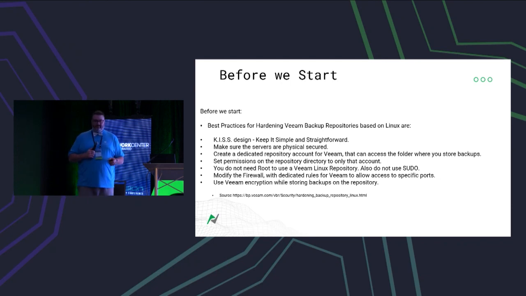You could do a VM, have iXsystems be NFS in the back end of the VMware host, and then you have a local disk. There's lots of things you can do here, but if you're not familiar with LVM, probably don't go down that road. Just do a regular partition, give it a mount point like Veeam repo. Simple, right? LVM gets to be cool. You can resize, you can do some dynamic stuff, but if you've never played with it, it's probably not the best first time in all your backups.